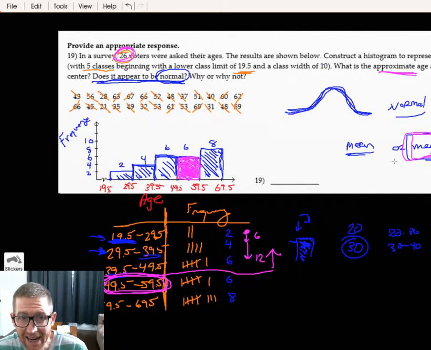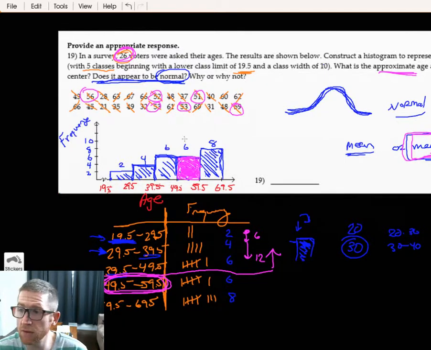To find the exact median, I would have to organize all these numbers in increasing numerical order and then find the middle number. I know it's in the 50s, so I can just circle all the 50s here. There should be 6 of them.